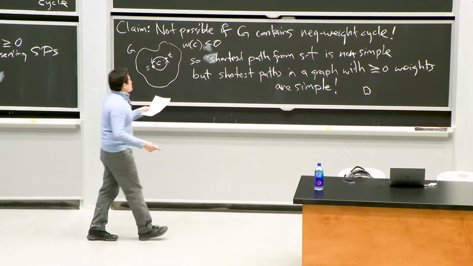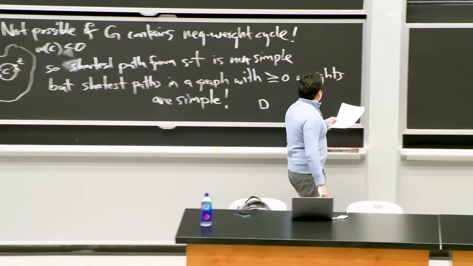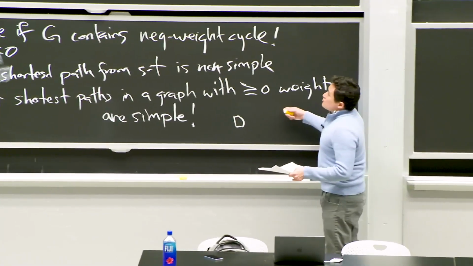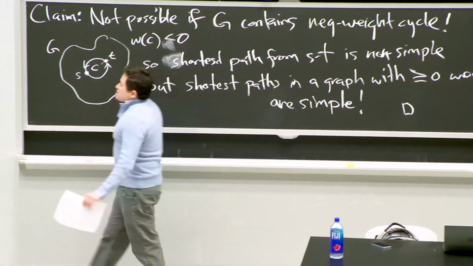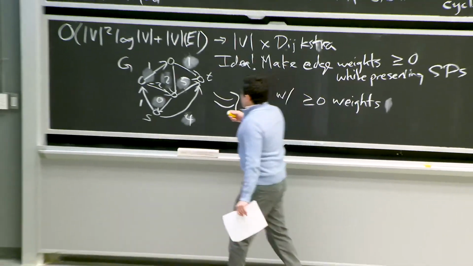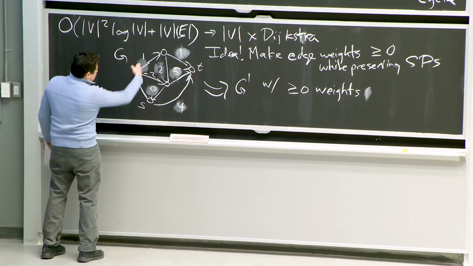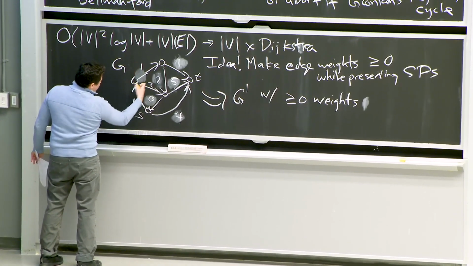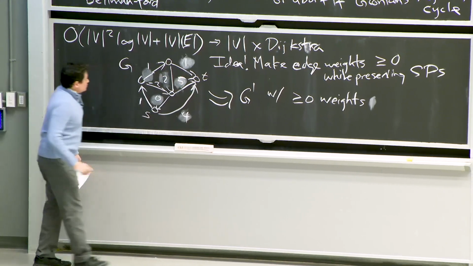Can we do this? Well, we're going to exploit a little idea here. How can we transform the weights of a path? Well, what's a silly idea? I have this silly idea. If I don't want negative edge weights in this graph, we've got edge weights 1, -2, 0, 1, 4, 5, and 1.